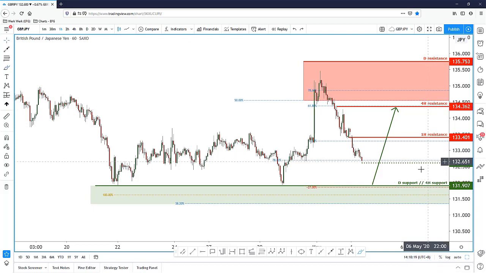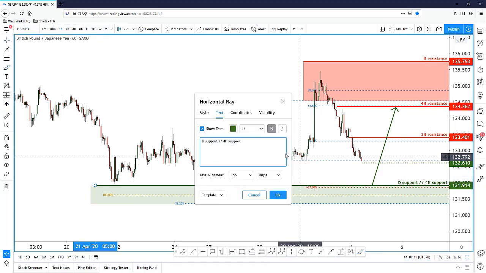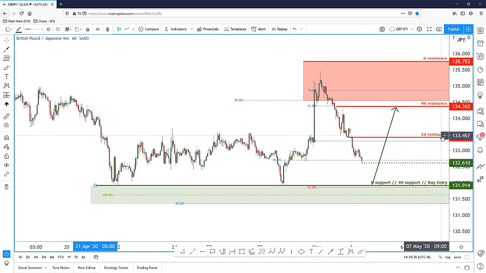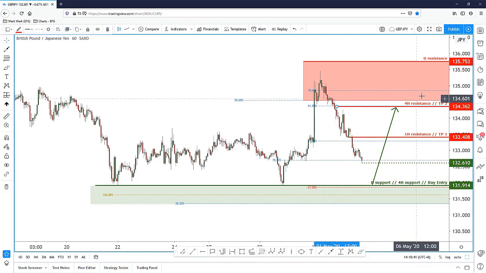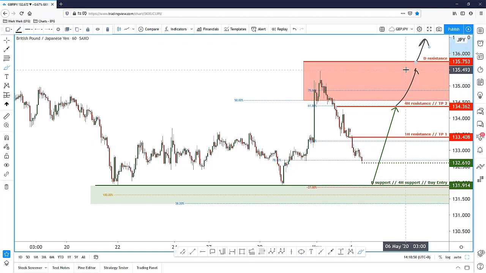Okay, so just to put things in perspective, this will be my buy entry area. This will be my take profit 1. And this will be my take profit 2. All right, should price actually go much higher into this area, I will be very cautious because a break of this area will say that we are actually even more bullish.